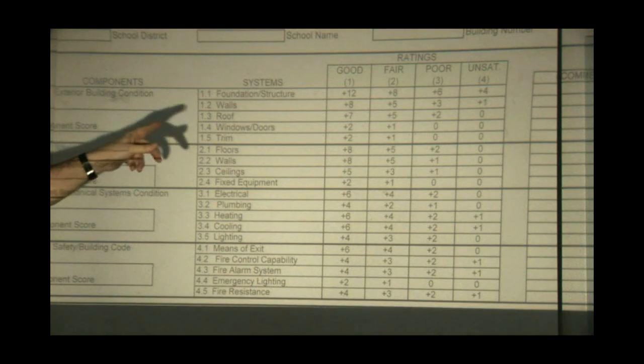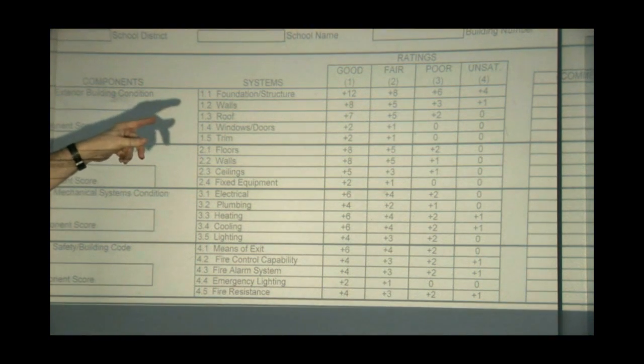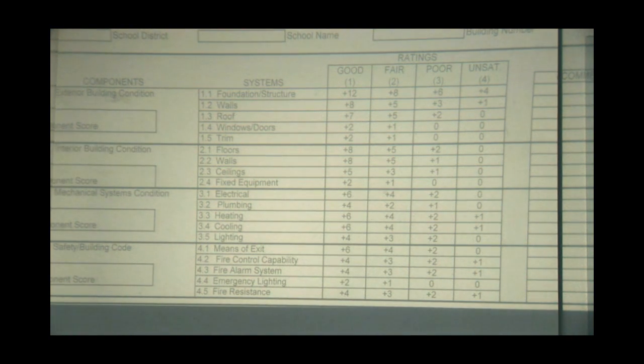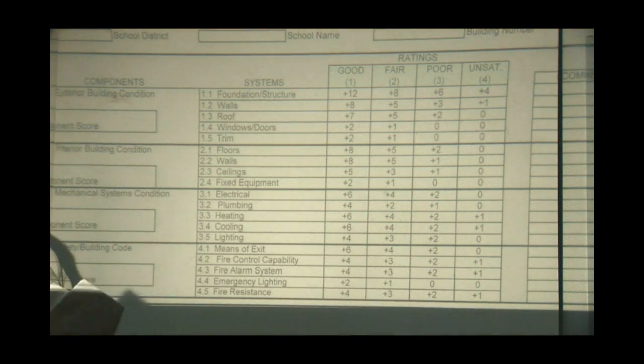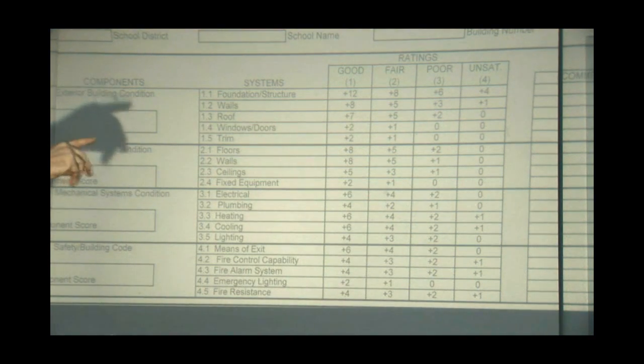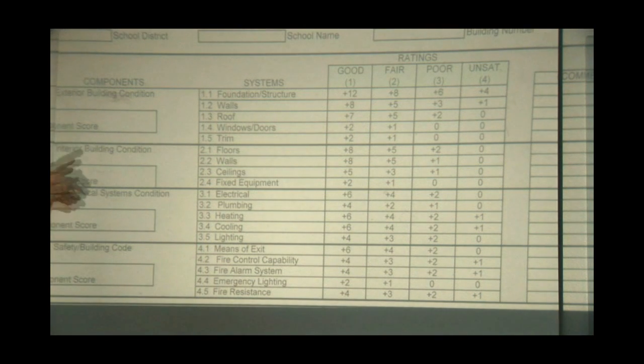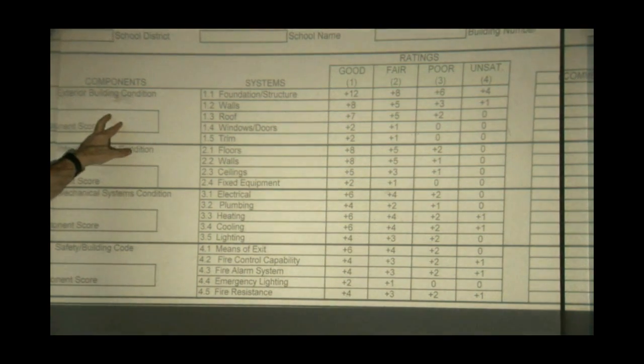You then make the decision. And so under foundation and structure, if we looked at that and say, we think that under our little bit of definition here, that it has a little bit of minor cracks in there, but nothing major, I'm going to circle 8 up on my score sheet. So you're going to circle these. Then I'm going to look through, when I'm through, 1.1 to 1.5, and total my score.